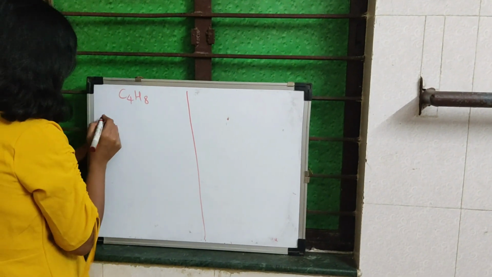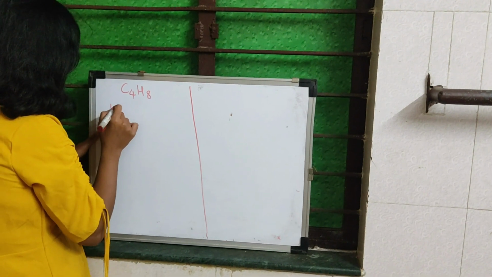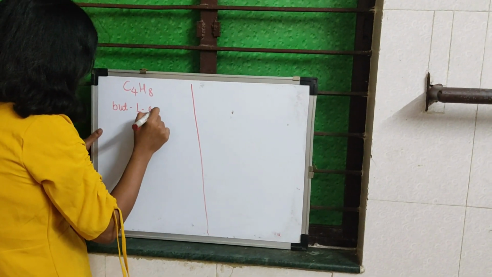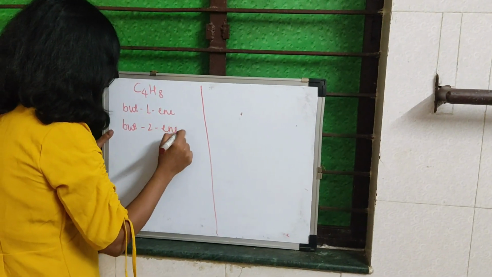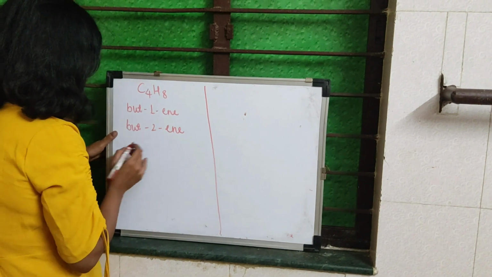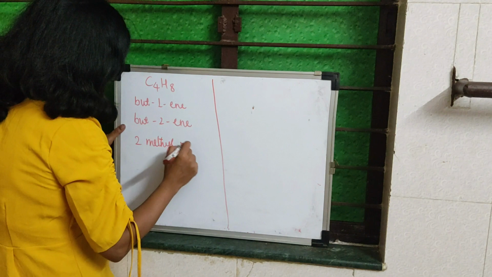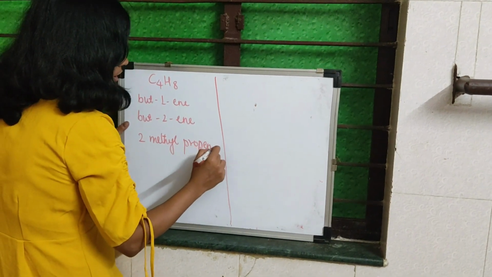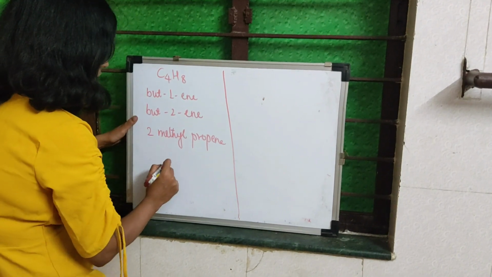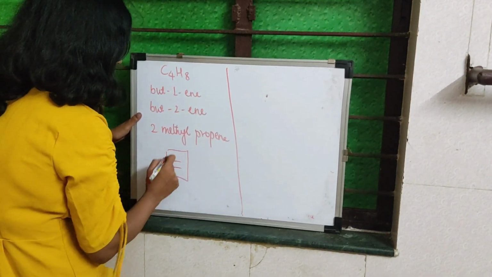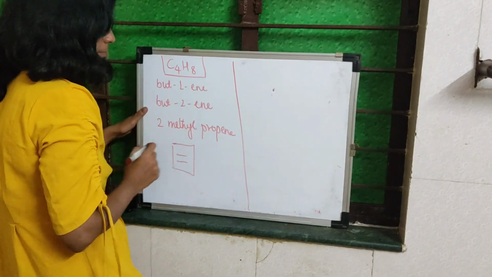Till now we have seen the alkene compounds, that is but-1-ene, but-2-ene, and the next one was 2-methylpropene. Now we will see the isomers without the double bond. All these have double bonds. Now we are going to see a compound which doesn't have a double bond, but the molecular formula is the same.